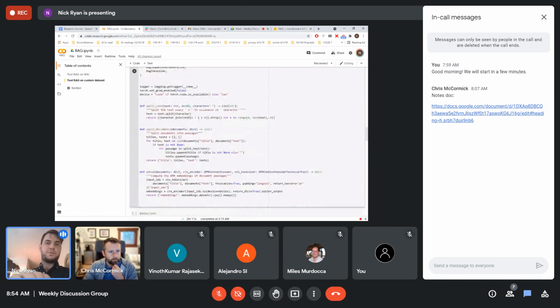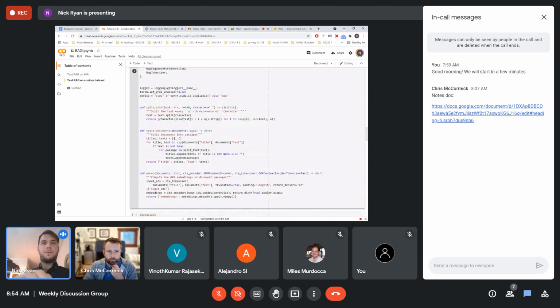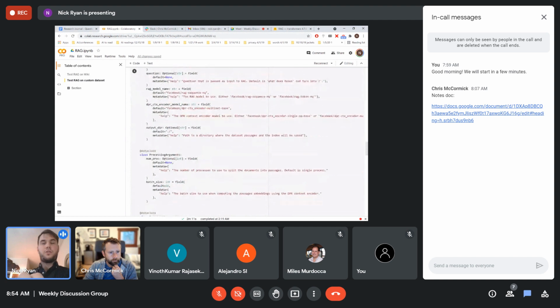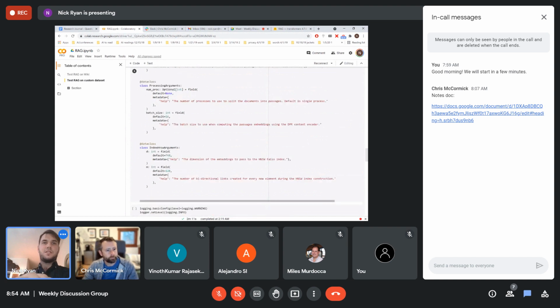The scripts you need are just text processing functions that are used for creating a FAISS index of your data set. These are just processing arguments.